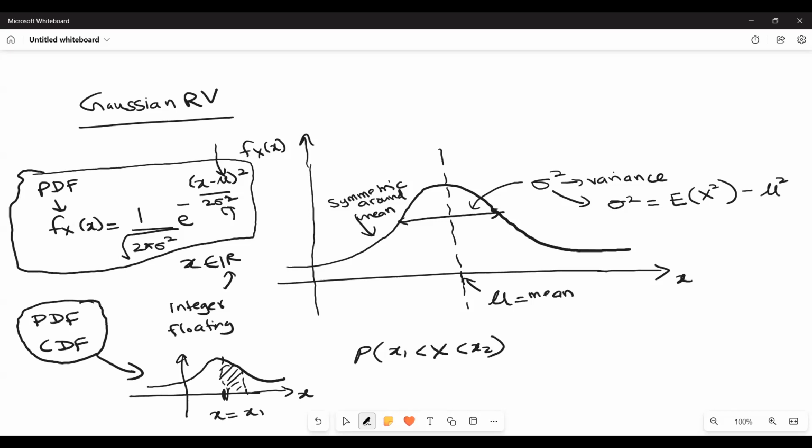The probability of an outcome staying between x1 and x2 will be the integration of the PDF between x1 and x2. We know the function of the PDF, and we can integrate it over the interval. This integration will give the probability value directly.